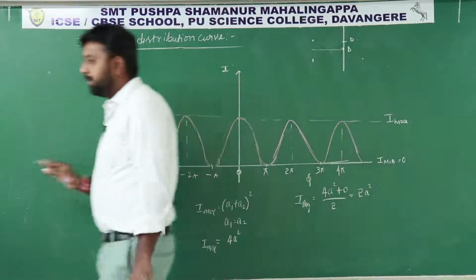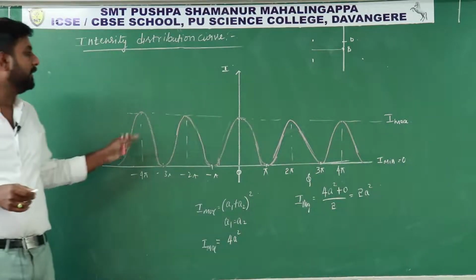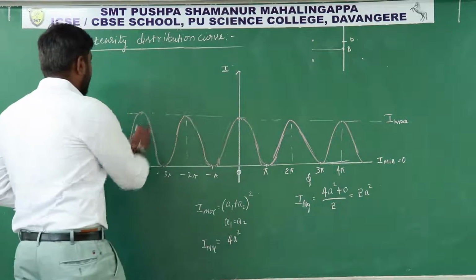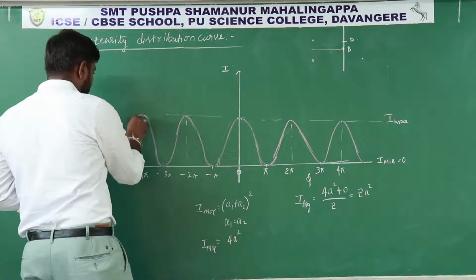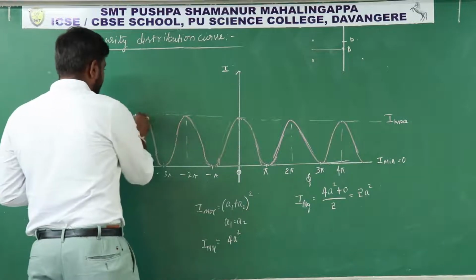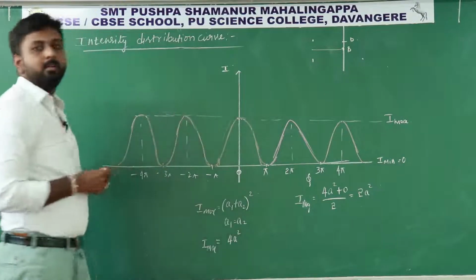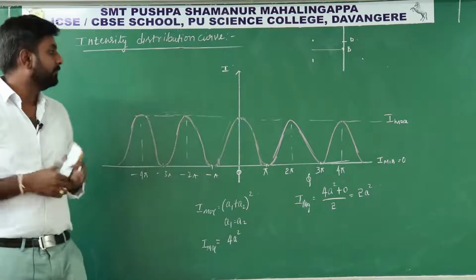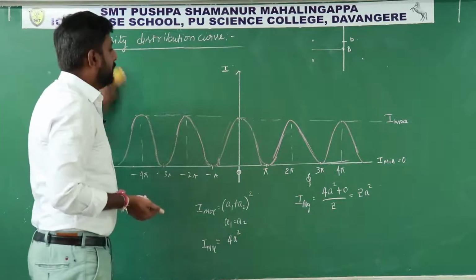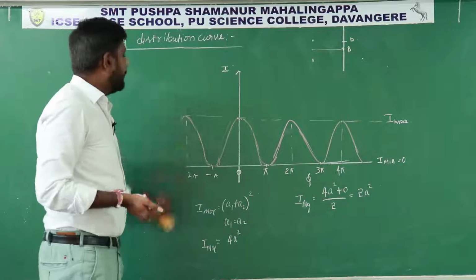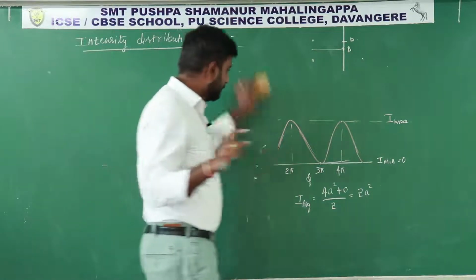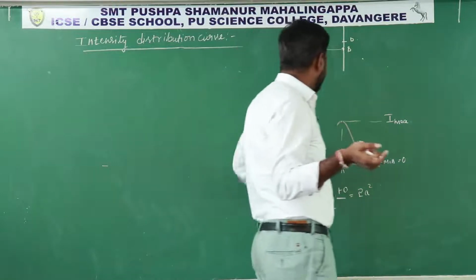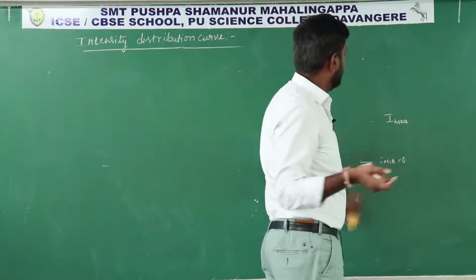So remember this graph, that is the intensity distribution curve in interference. And I also said, remember that the width of all fringes, bright and dark, is the same.